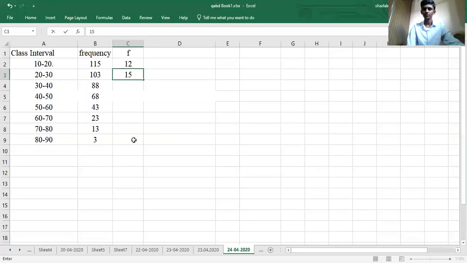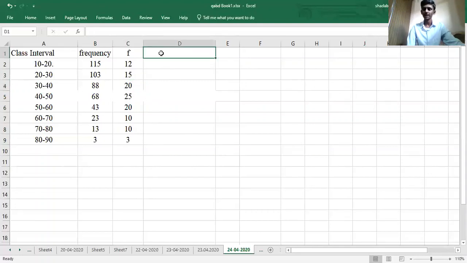Or you can go from the last: the last is 3. 13 minus 3, 10. 23 minus 13, 10. 43 minus 23, 20. Then 25, then 20. This is the actual frequency.